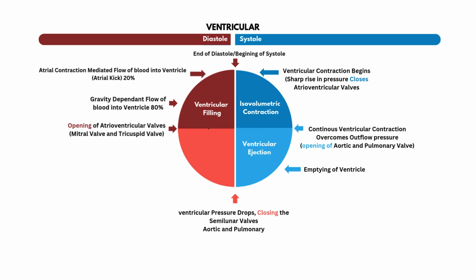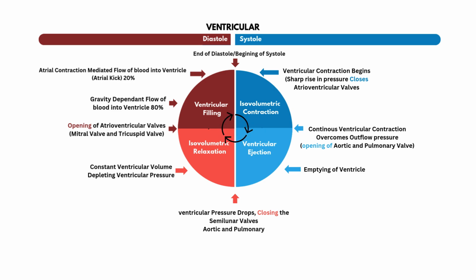The closure of the semilunar valves typically signals the beginning of the isovolumetric relaxation phase. Again, all valves are closed, the pressure is what? Plummeting, but the volume stays the same until it's low enough to allow opening of the atrioventricular valves and restarts the filling process all over again, taking us back to the beginning of this entire process, the diastolic filling phase.